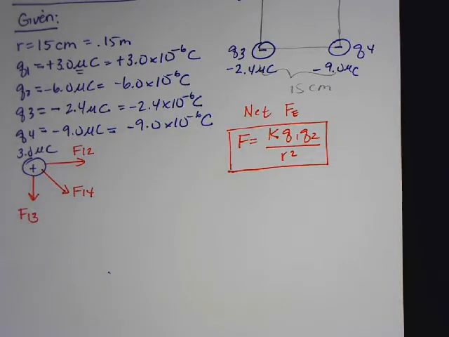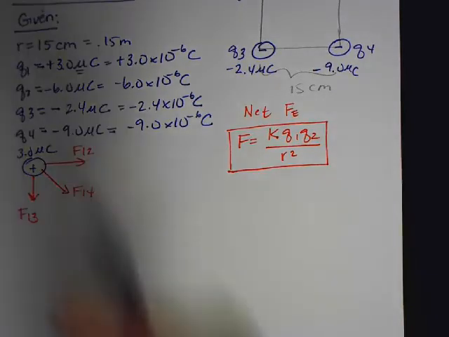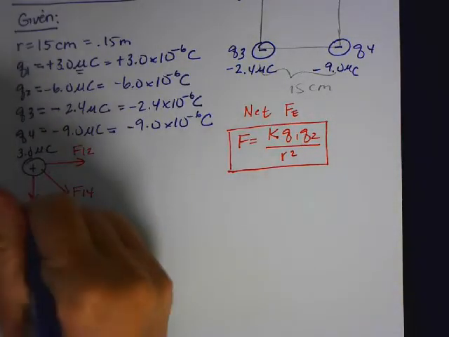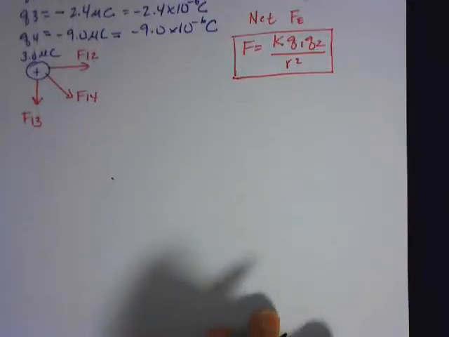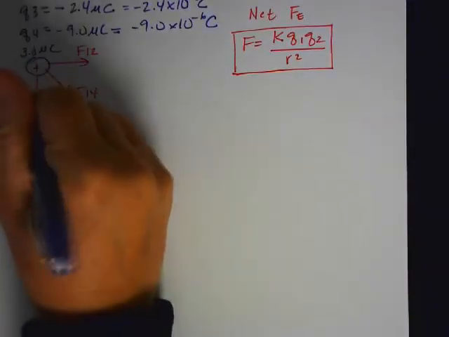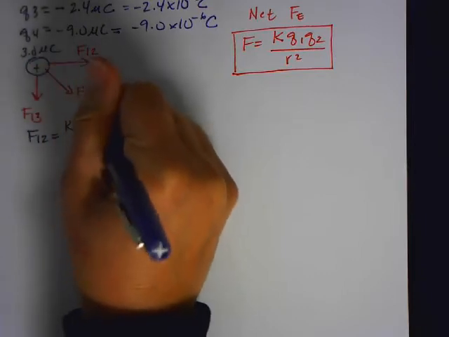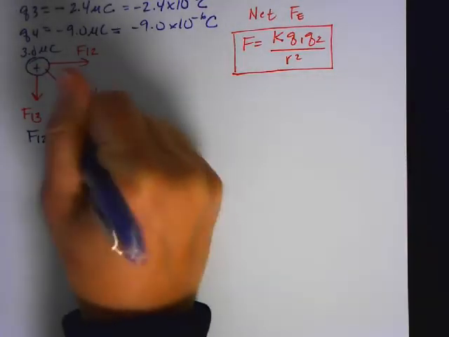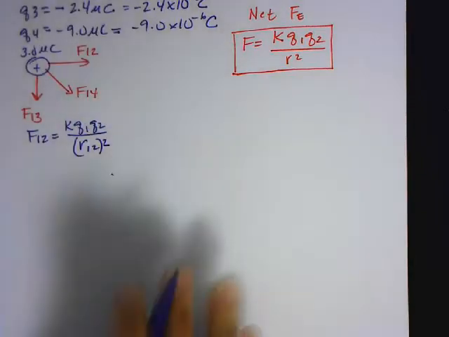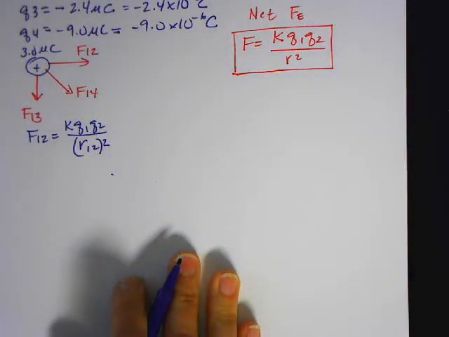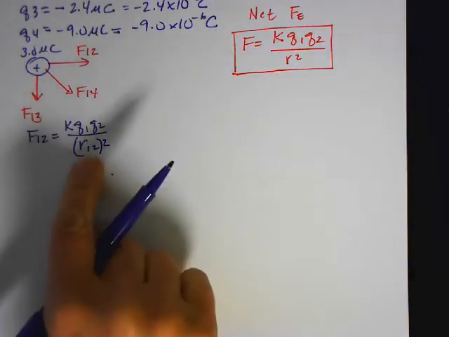All right, so step number 1, I'm going to find F12. So that's going to be K Q1 Q2 over R12 squared. So R12 is the distance between Q1 and Q2.